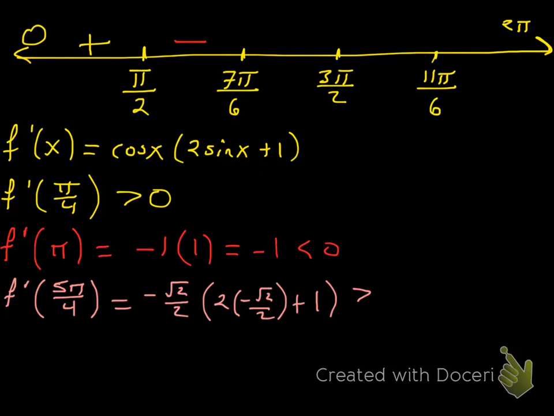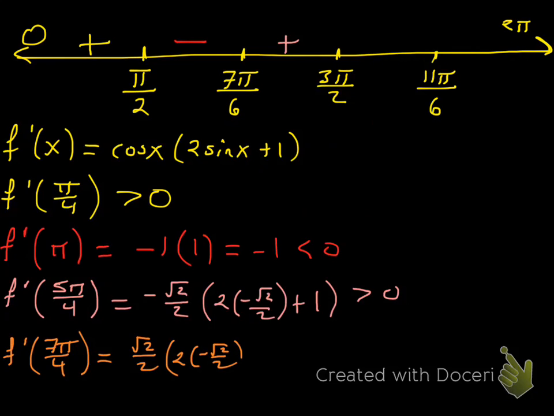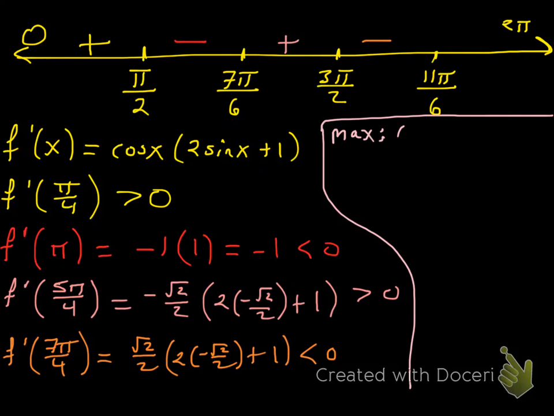So I'll have a negative times a negative, which is positive. So I'm increasing from 7 pi over 6 to 3 pi over 2. We're going to have a minimum at 7 pi over 6 because we went from decreasing to increasing. We got to test, let's see, 7 pi over 6. And that's going to be less than 0.